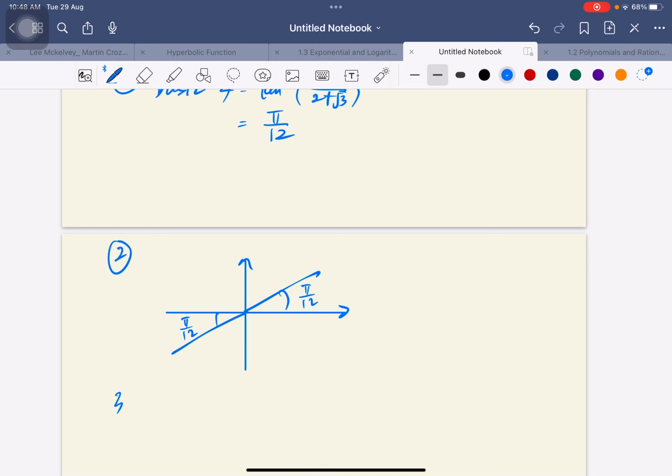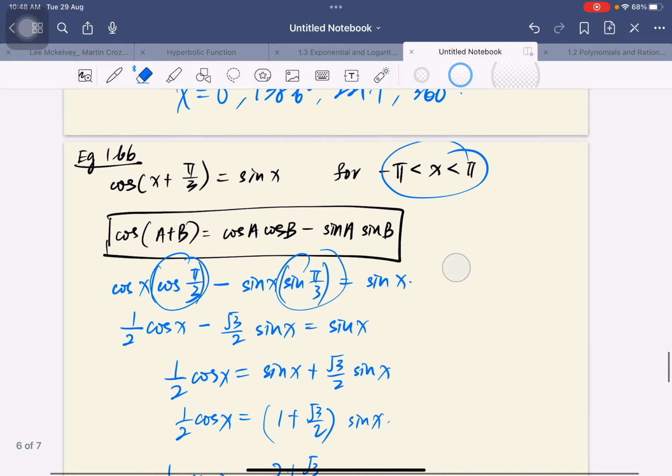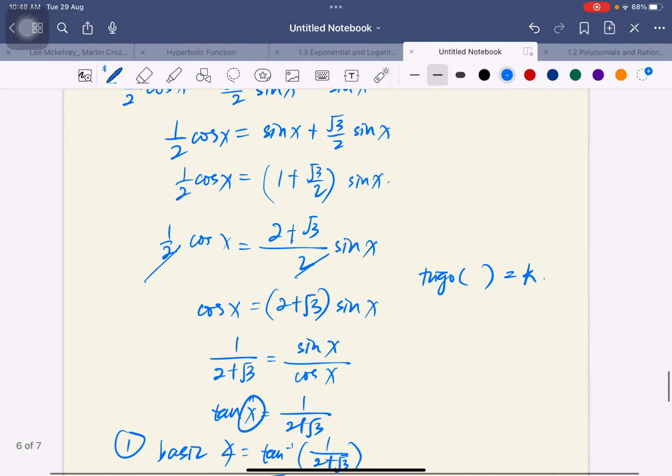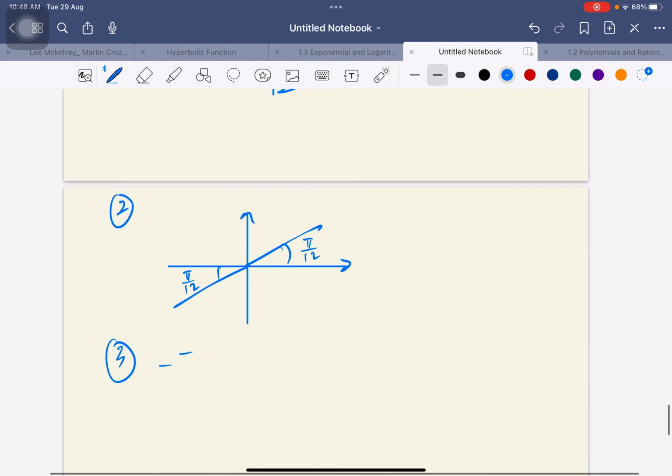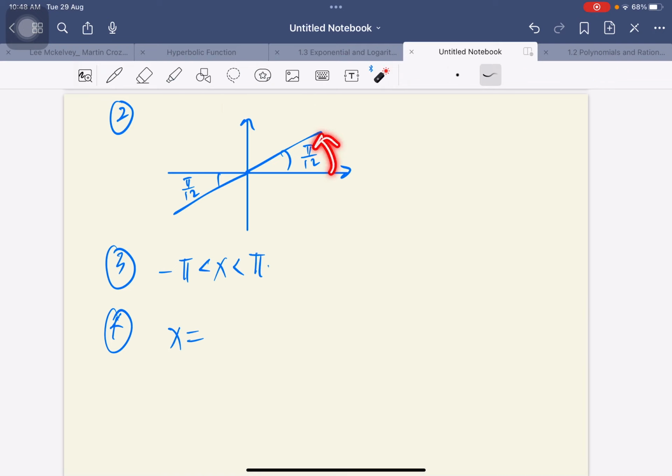Third is the new range, but it's already in x, and the range given is also x, so you just follow the question given, negative pi to pi. The last step, you solve for it. So x equals the first one, which is pi over 12.